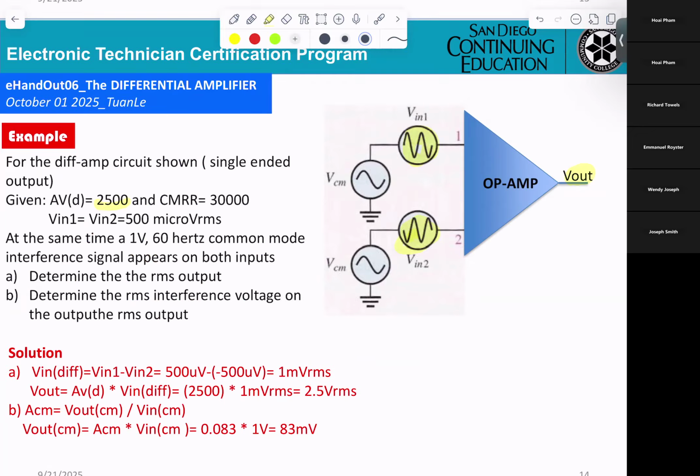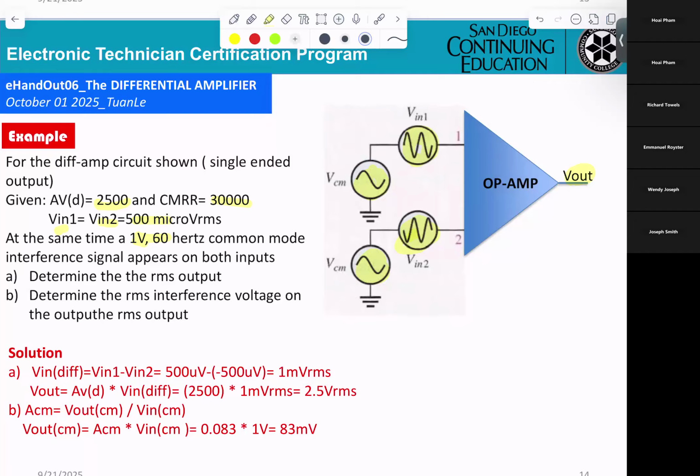Vin1 equals Vin2, 500 microvolts RMS. At the same time, 1 volt 60 hertz will be here, 1 volt 60 hertz, considered to be the noise. The radiation from the source affects both, and the calculation will be the same.